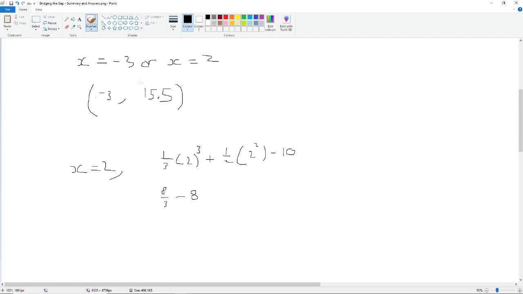Okay, so 8 over 3 minus 8. Well, 8 times 3 is 24, so that's 24 over 3. So 8 minus 24, well, that's negative 16 over 3.